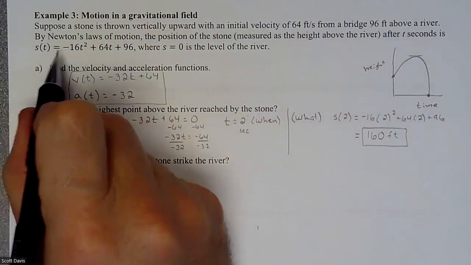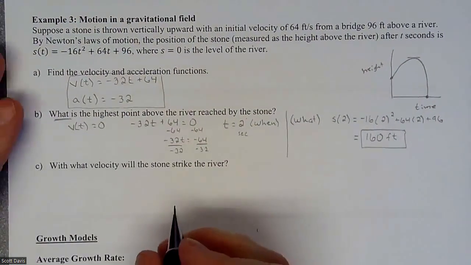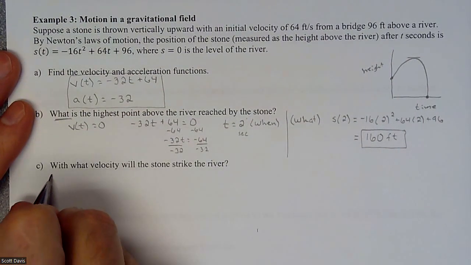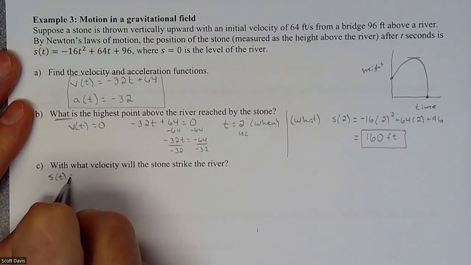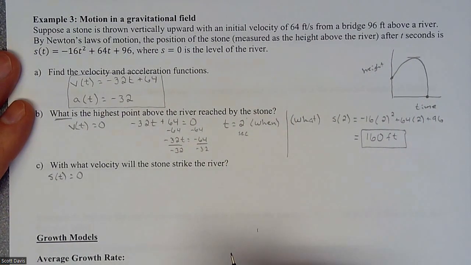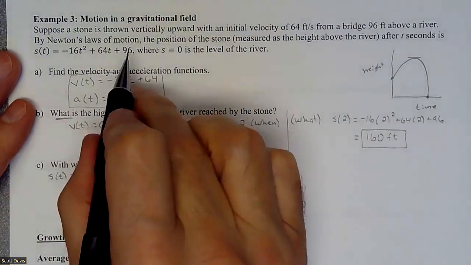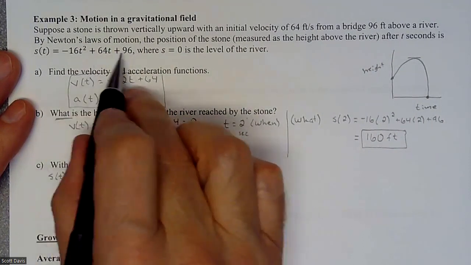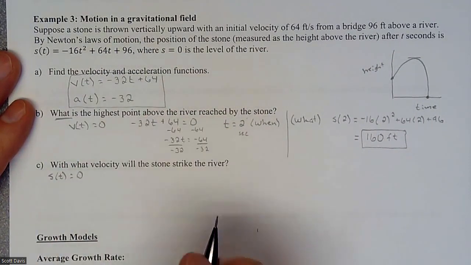So we want to know when the position hits the river, which basically means we want to know when our position is 0. Okay, which means we're setting this equation equal to 0.